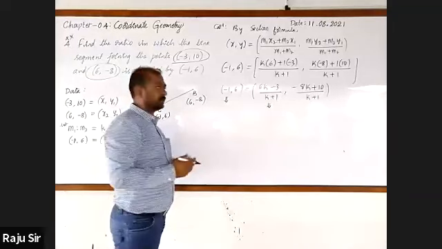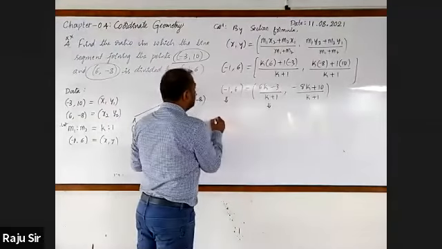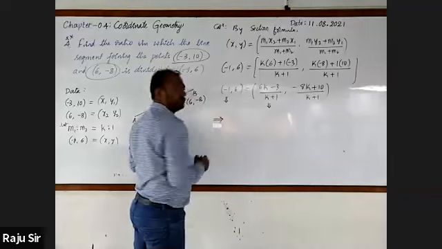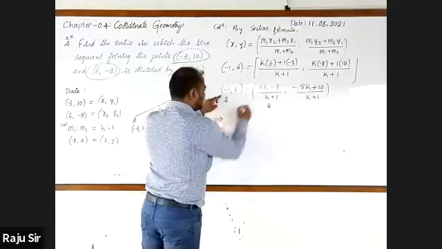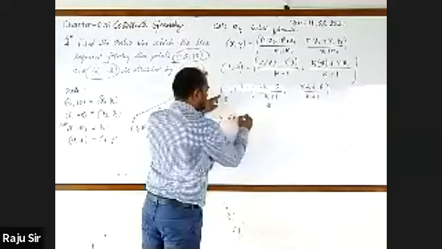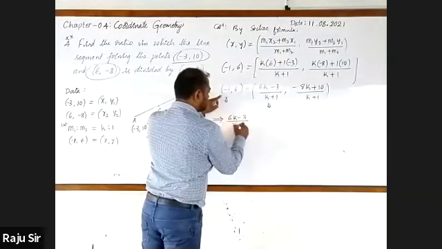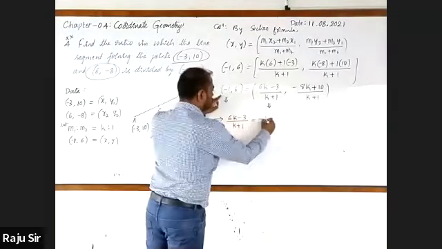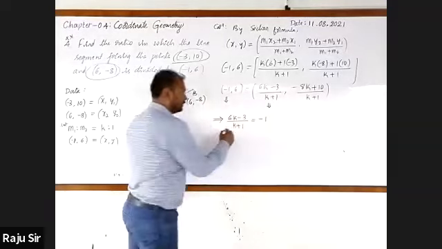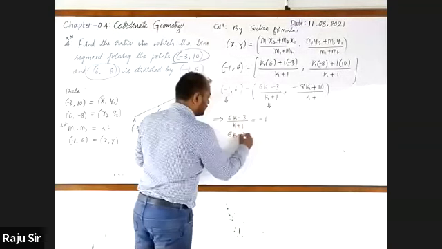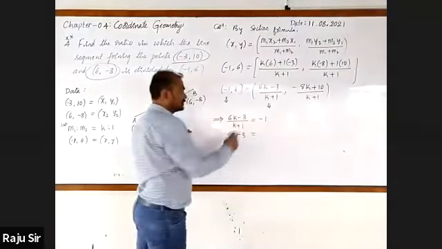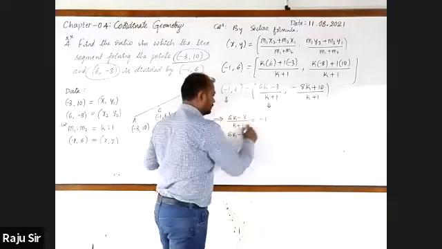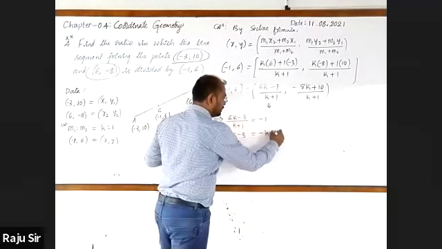This is another equation. Then 6k minus 3, go for cross multiplication. k plus 1 into minus 1. It is minus k minus 1.